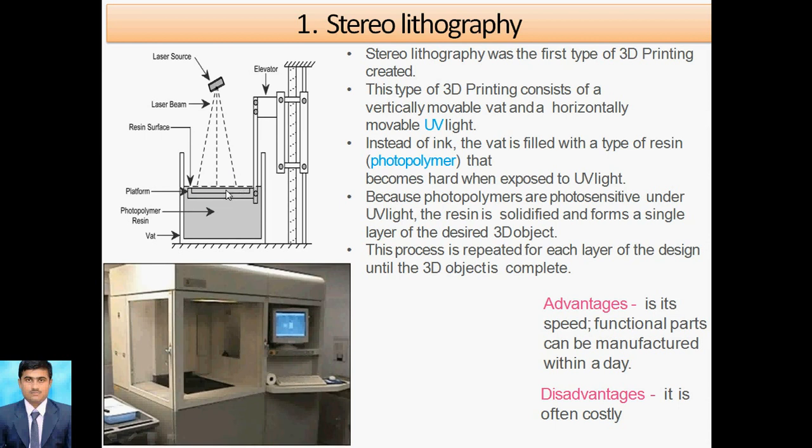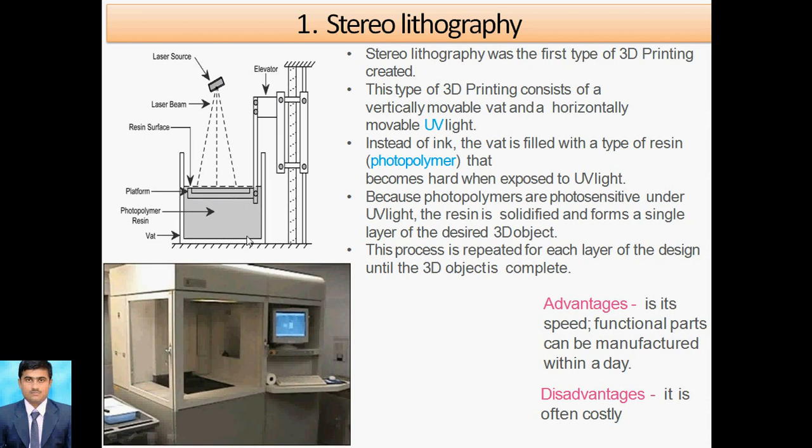When this 3D object is completed, the machine will stop. So this is called stereolithography. Again I repeat here. This is the container which is a vat, and the light source, or laser source, comes from the top of the surface. After adjusting the platform, the UV light falls on this resin.